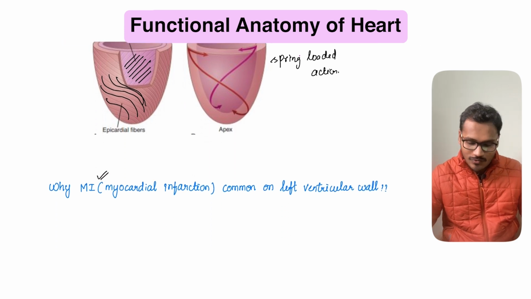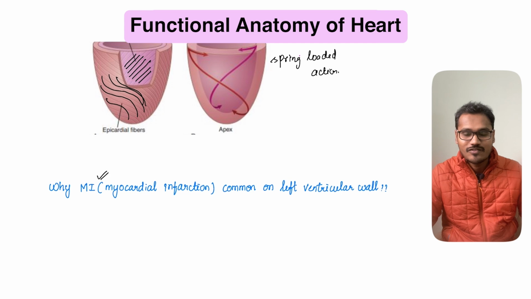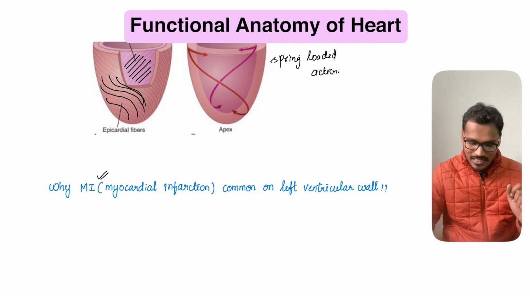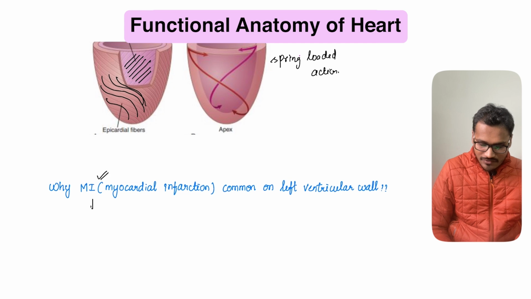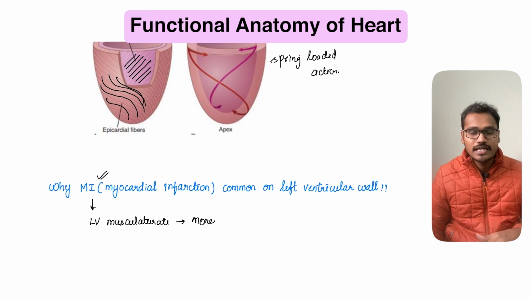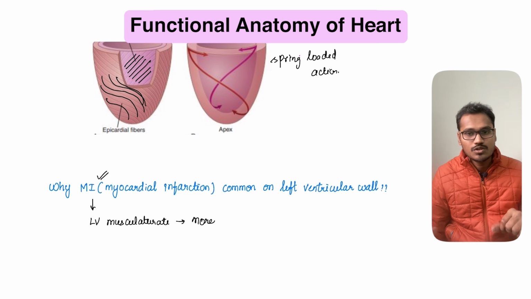Now coming to the question: why is myocardial infarction common on the left ventricular wall? Obviously, we know that now. I have told you a few hints. The first hint is that the left ventricular musculature is more. Why is it more? Obviously, it is supplying blood to a bigger area, the systemic circulation throughout the body.